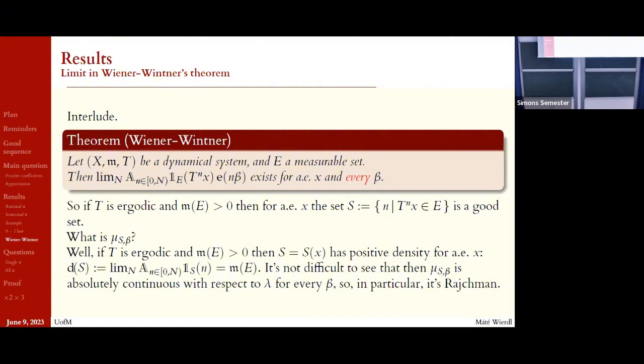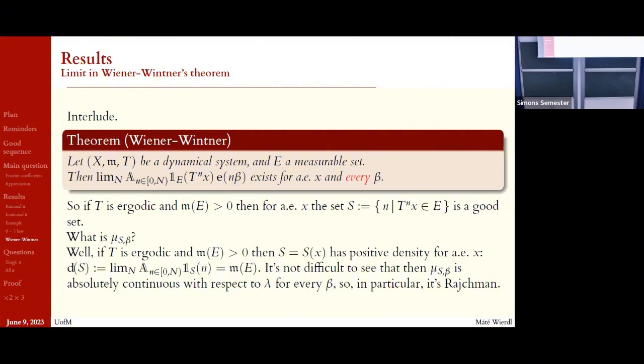It's not difficult to see that then μ_β is absolutely continuous with respect to λ for every β. So in particular, it is Riemann. Right? So the Wiener-Wintner theorem is not going to produce us any new measures which we can already construct, well, in quotes, construct in a theorem with Emmanuel.